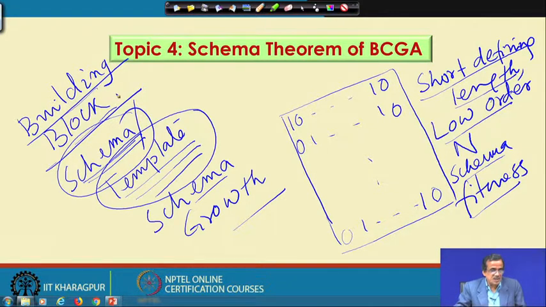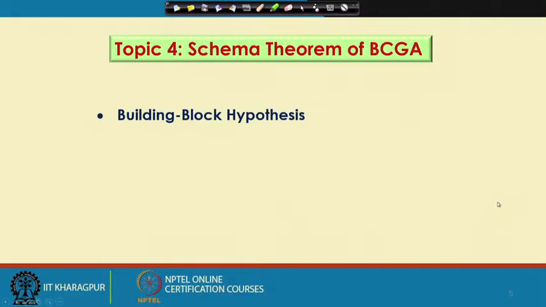Now, this schema theorem is actually an indirect proof for the convergence of the binary coded GA. This is a plus point because many people did not initially believe the binary coded GA, but after this schema theorem was proposed, people started believing.